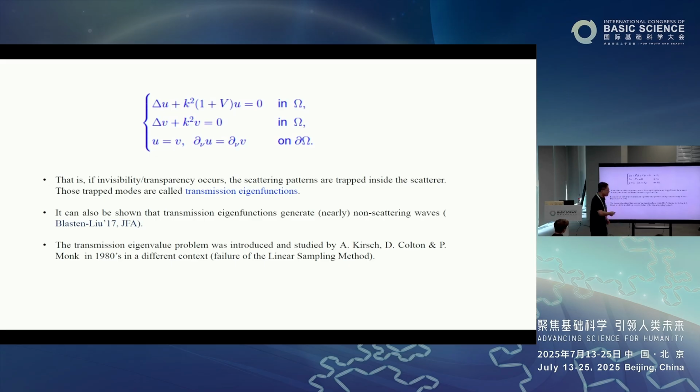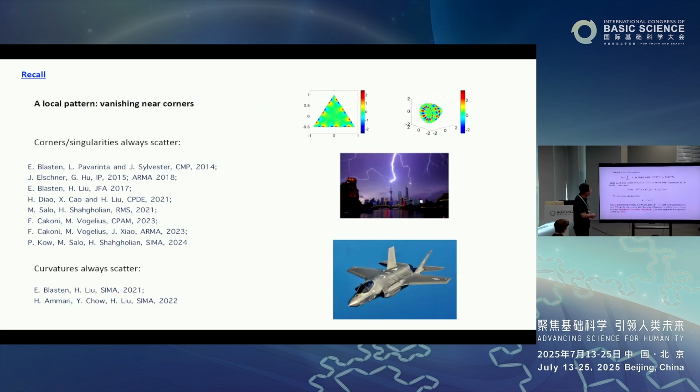Now again, let me give you some sample ideas on why they are practically interesting. Let's first recall this local pattern. I showed before that the eigenfunctions U and V must vanish locally near a corner.